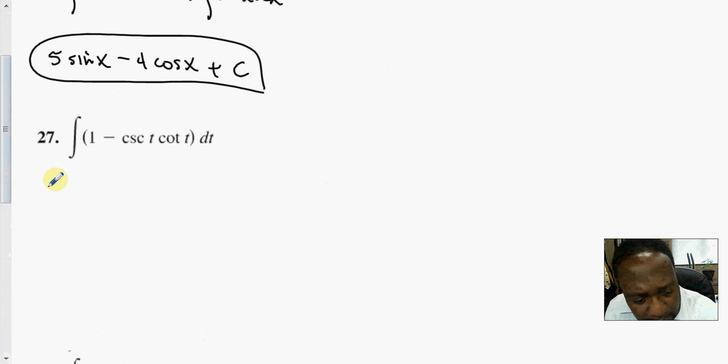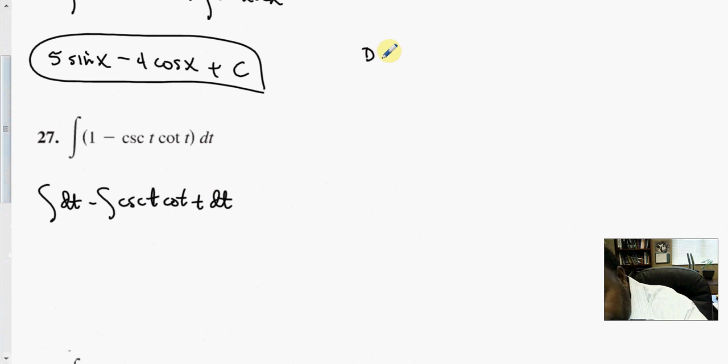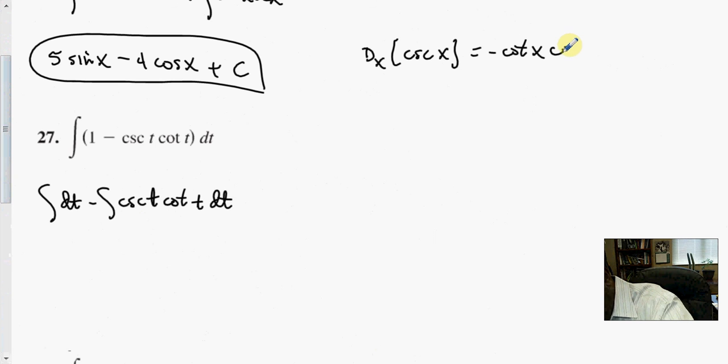So you can write this as the integral of dt minus the integral of cosecant t cotangent t dt. Now, for the cosecant cotangent, it might be helpful to recall the derivative of cosecant x, which is negative cotangent x cosecant x.